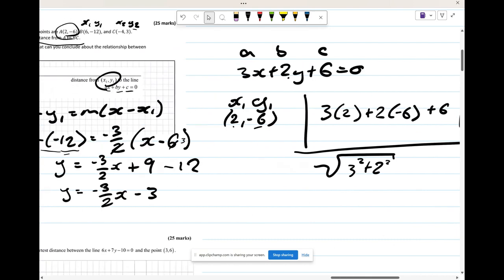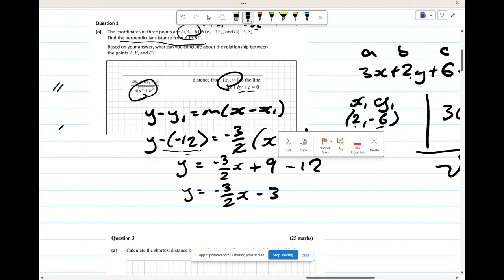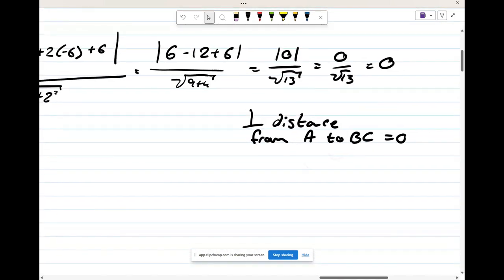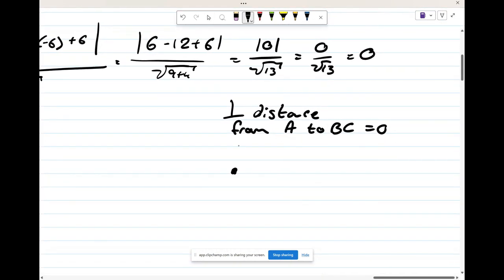And what it's asking us is, based on your answer, what can you conclude about the relationship between the points A, B, and C? Well, if I just draw a quick thing here, if this is B, this is C, and this is A, what we were doing was we made a line BC, and then we were trying to find the perpendicular distance from A to BC, and we were trying to find a number for this value.